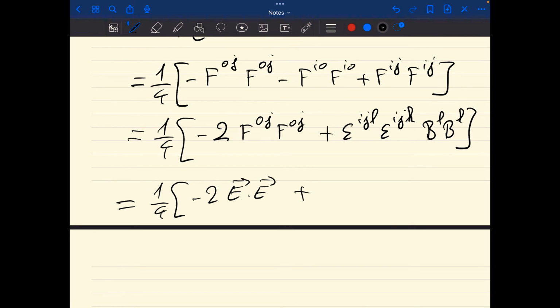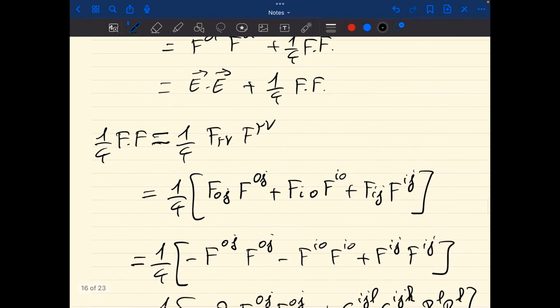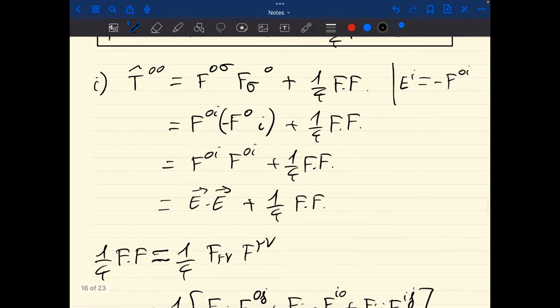So there's a factor 2 coming out. And that's the result. So in the end, I can extract 1/2 of B squared minus E squared. In total, you remember that here we had already this factor of E scalar E.